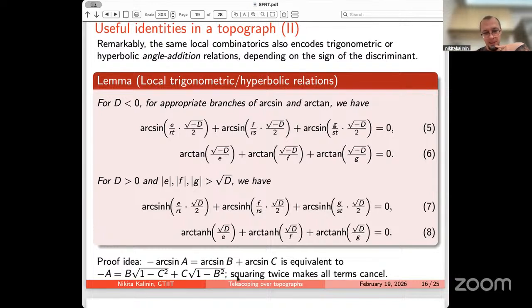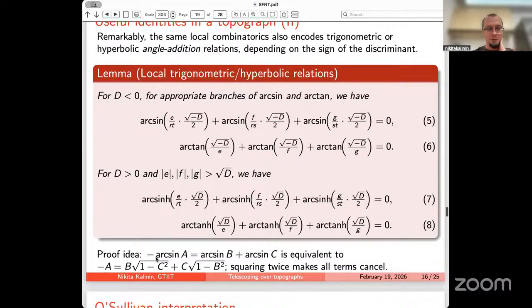You have this identity, and then you take the square of it and cancel, then take the square again, cancel. And you should also say that it's true for the appropriate branch, because arcsine is multi-valued. So sometimes you need to choose the right branch. That's because on the first step you take a sine of this identity.